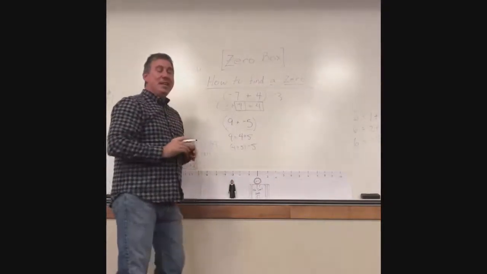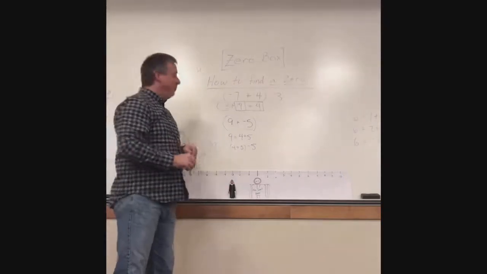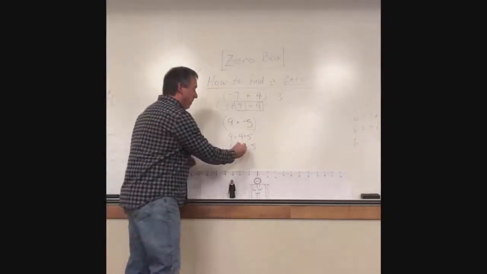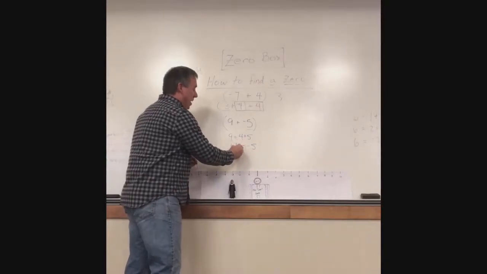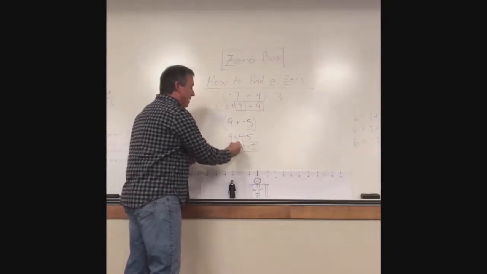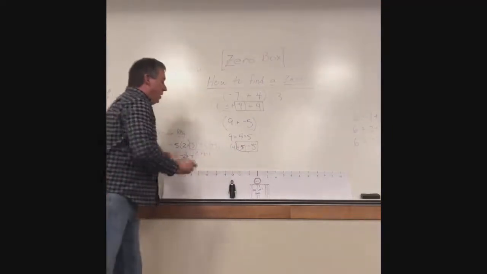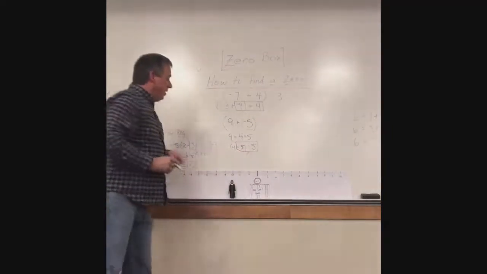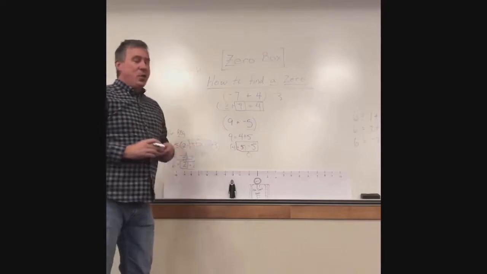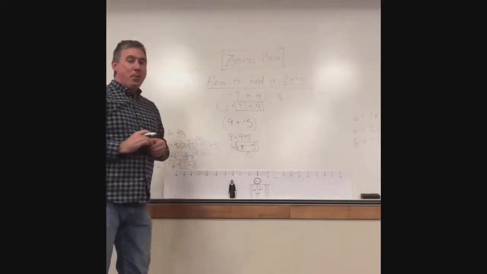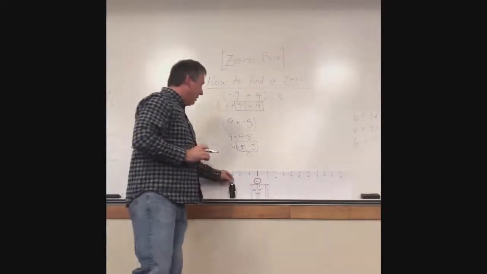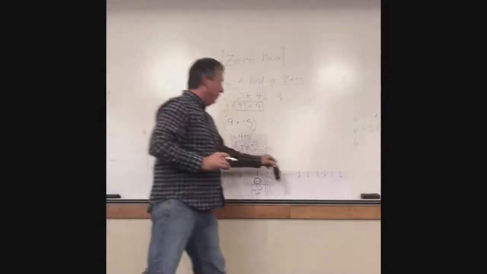Does anybody see an opportunity for a 0 box here? Excellent. Plus 5 and minus 5 is my 0 box. And what's left over? A positive 4.